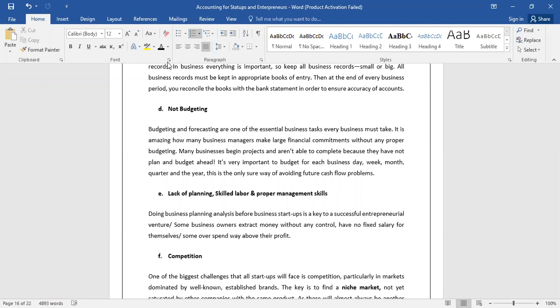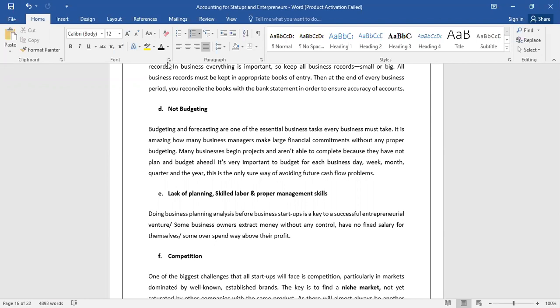So they work with just the funds they have. They don't have a plan they are sticking to. But you need to have a plan you are sticking to so that you don't end up incurring a lot of expenses. You can even track the revenues that you are making. So it's important that as startups, as business owners, we try as much as possible to budget.